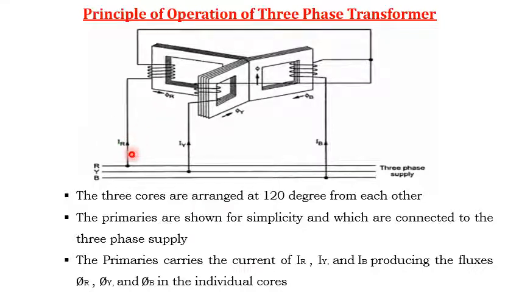Obviously the current IR produces the flux phi R, IY produces the flux phi Y, and IB produces the flux phi B. So here we can define that the primaries carrying the currents IR, IY and IB produce the fluxes phi R, phi Y and phi B individually.